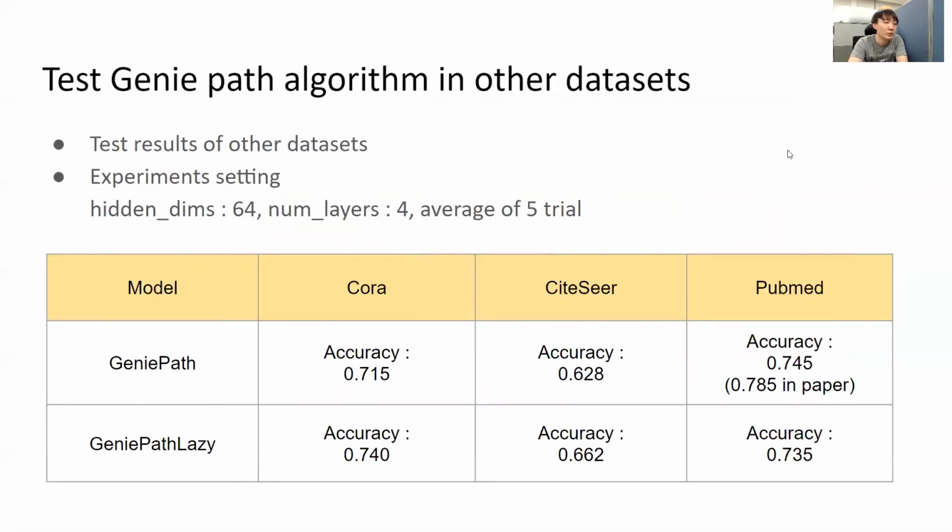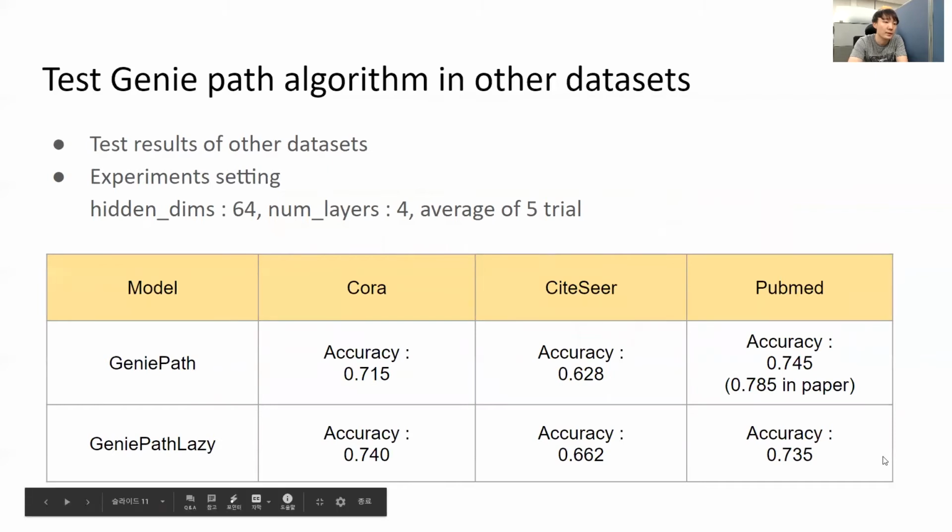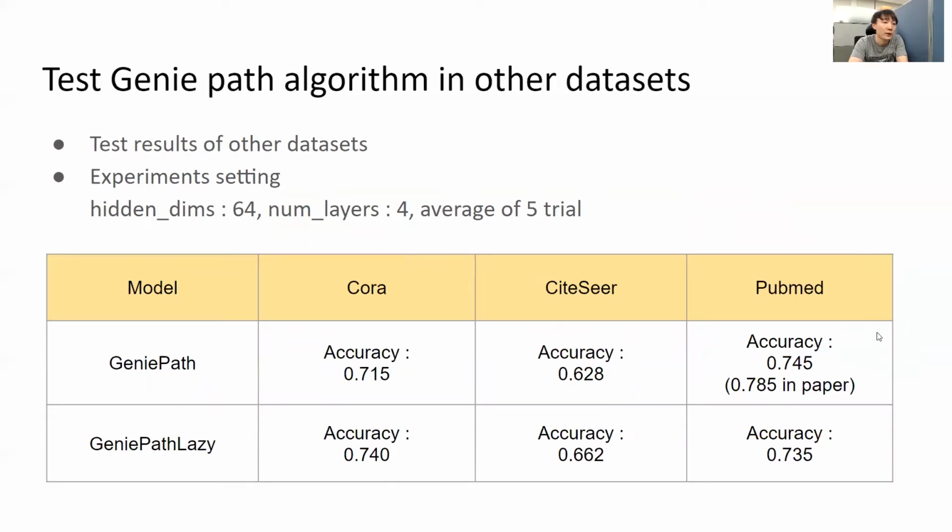And here is the result of applying the model to each dataset. The table is divided into 2 models, GeniePath and GeniePath-lazy. As you can see, the PubMed dataset showed the highest prediction accuracy, and the following are Cora and Citeseer.